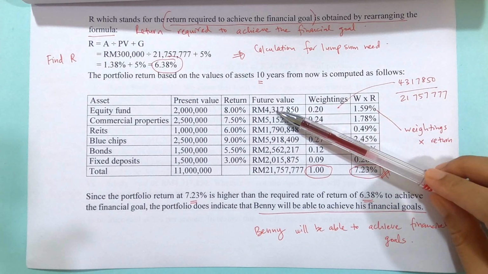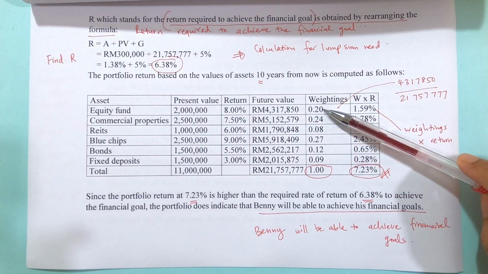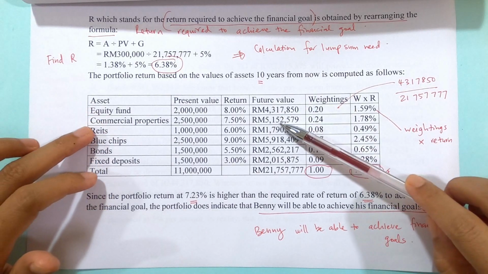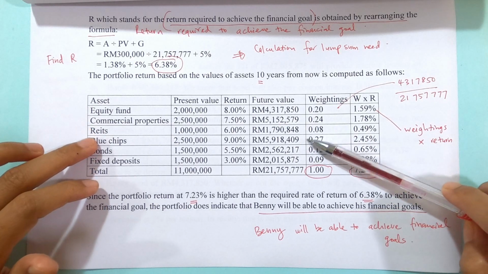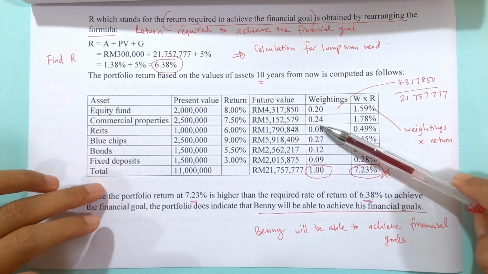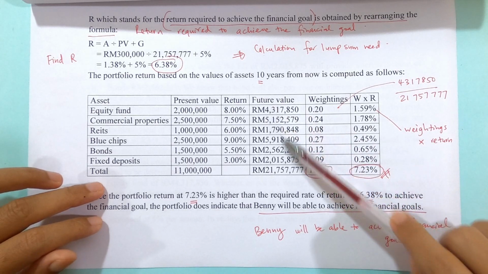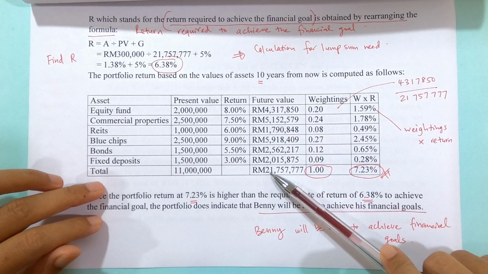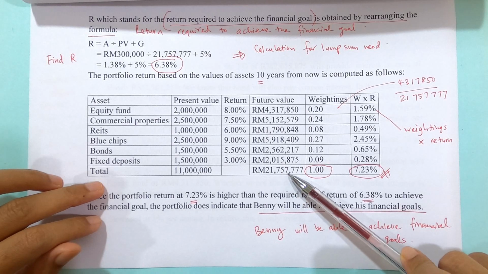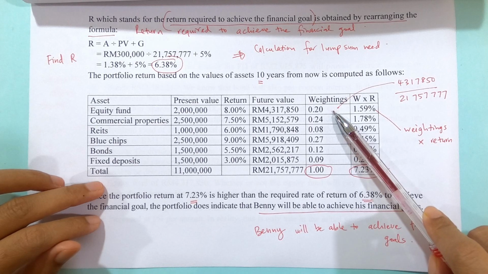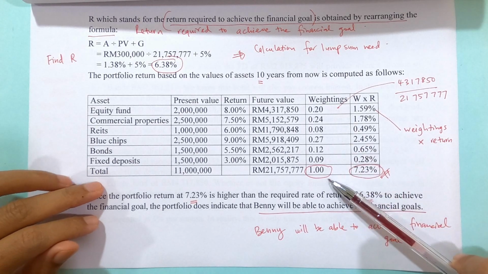So for the future value, the weightings is about 0.2 for the equity fund, for the commercial is 0.24, and for rates is 0.08. How should we calculate this? Easy. Just take this future value and divide with this total, 21,757,000. We divide this, then we can get the weightings of 0.2, 0.24, etc.